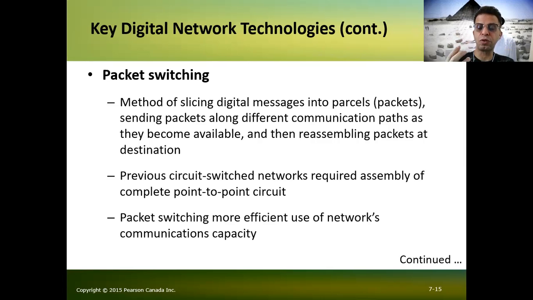So it's a point-to-point circuit. Packet switching is a more efficient use of network communication capacity because the message is cut small and sent through any network that's available, instead of hogging the whole network for two PCs, and from there it gets collected.